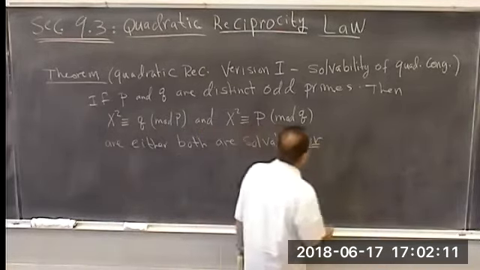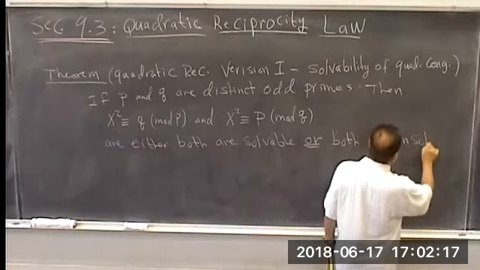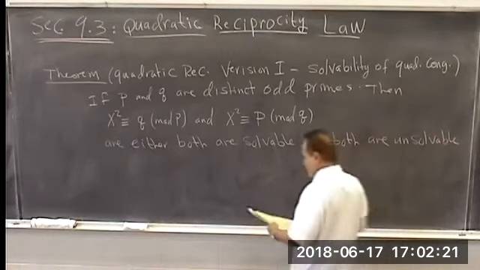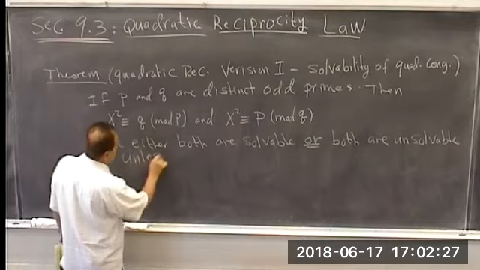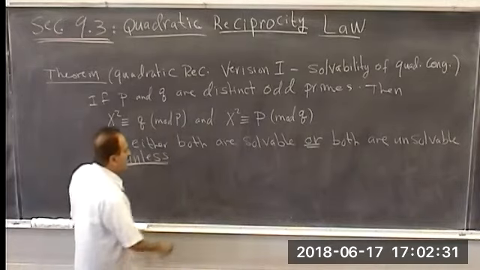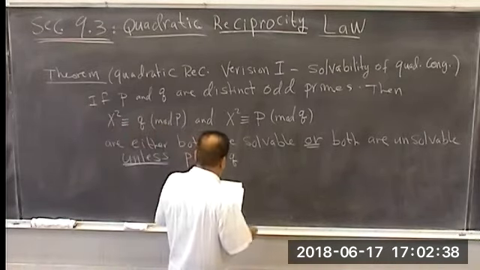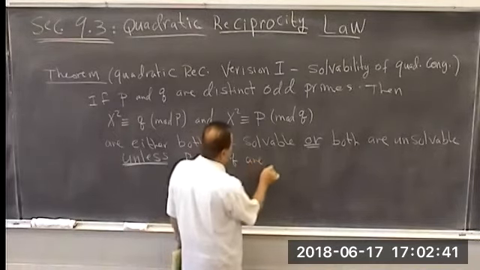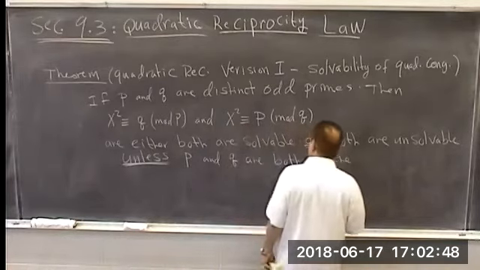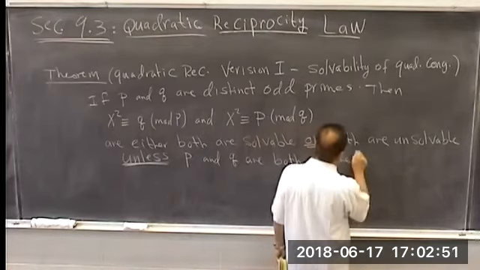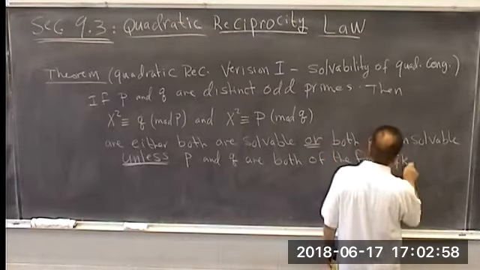Actually we say they are either both solvable or both are unsolvable. Unless P and Q are both primes of the form 4k plus 3.